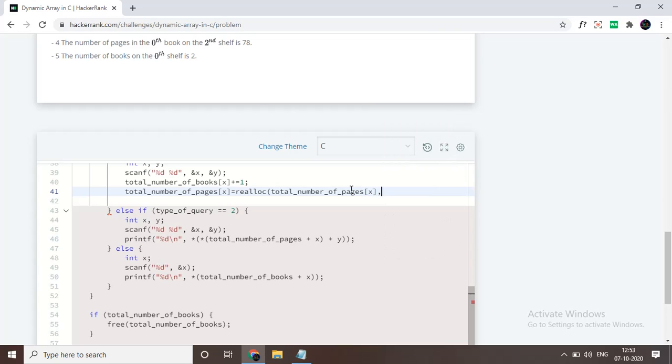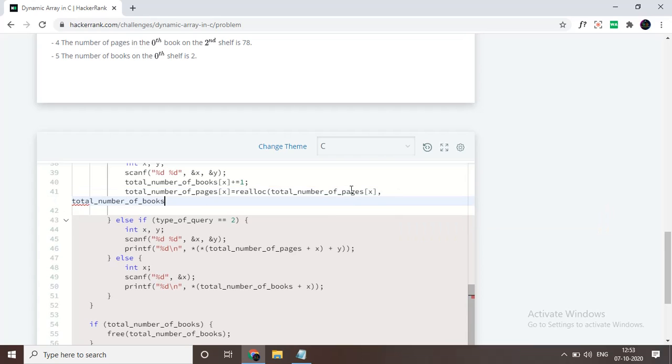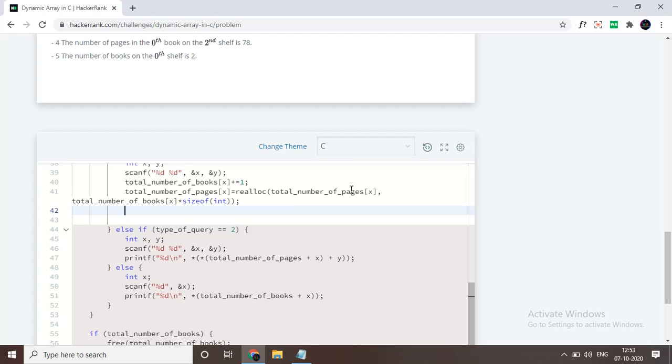This is the previous size of that one, and now I am going to allocate total number of books of x into size of integer. Just I am going to reallocate the memory for that.